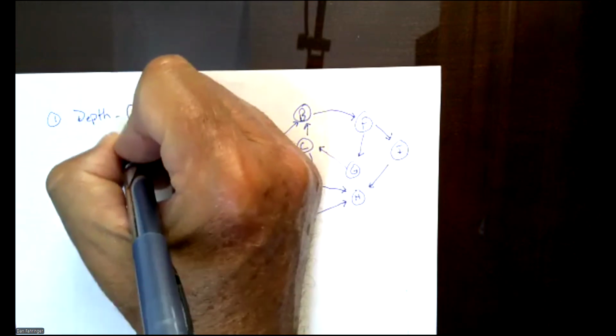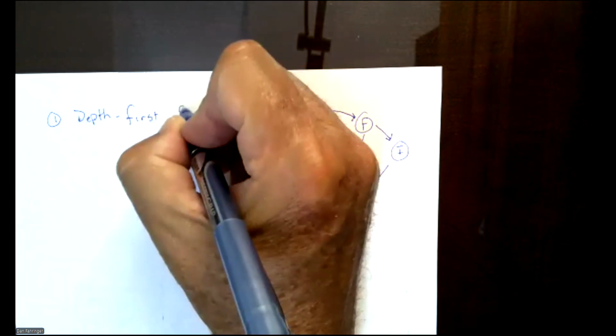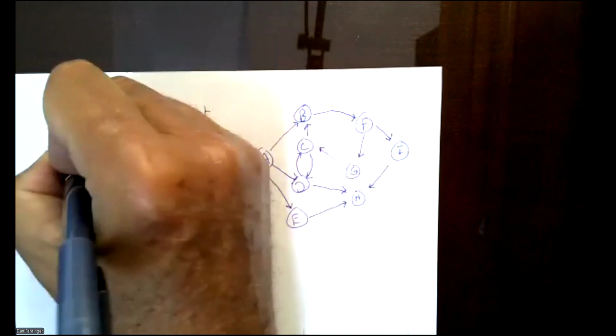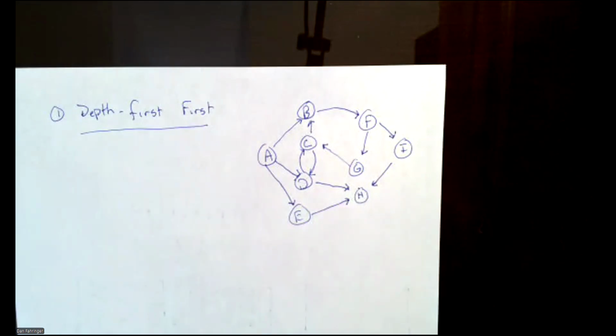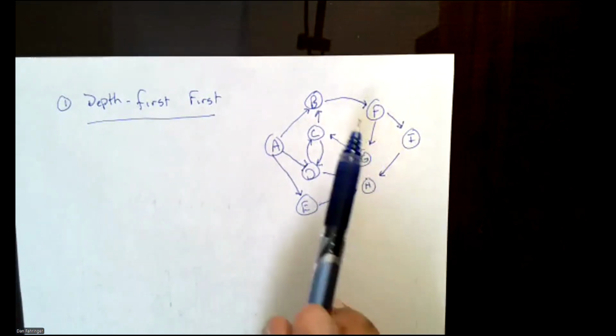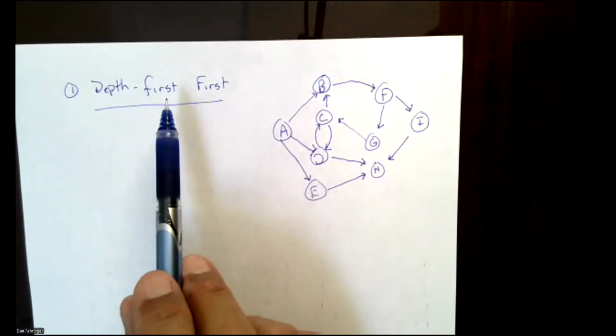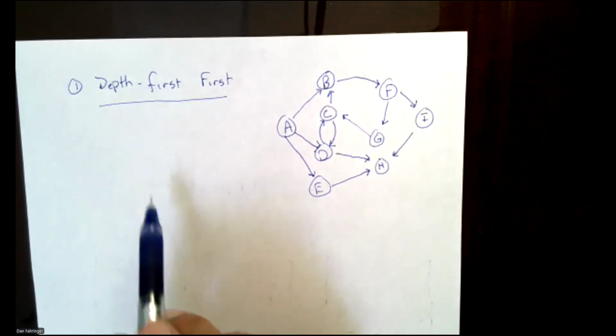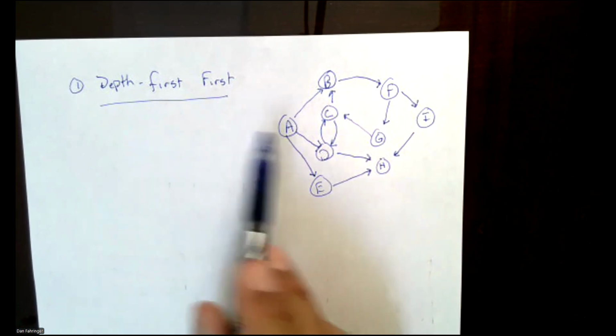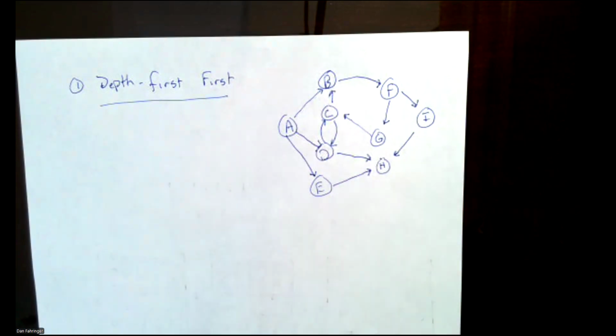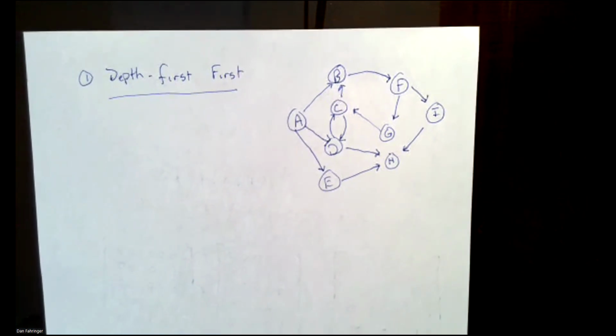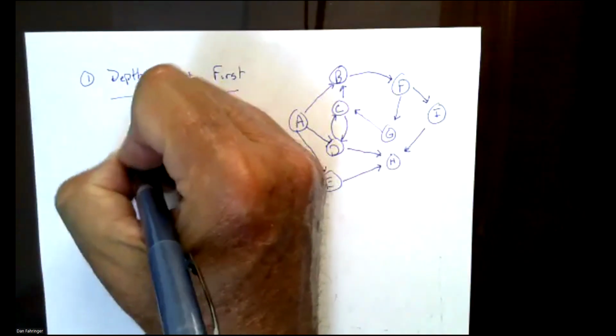depth first. Now, we're going to take a look at an example. If I did a depth first using a binary tree, and then we'll use the concept to traverse this graph depth first. So I'm going to look at a binary tree.